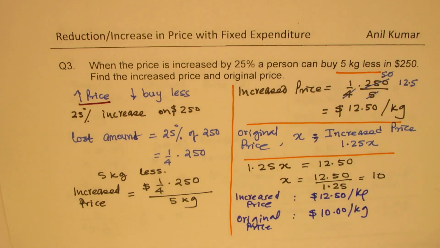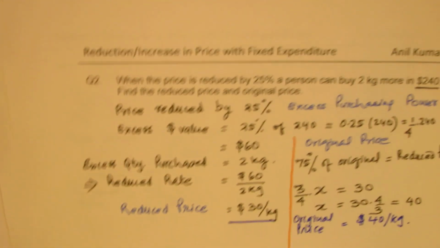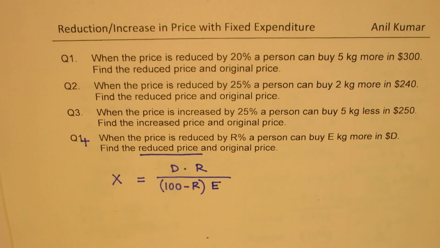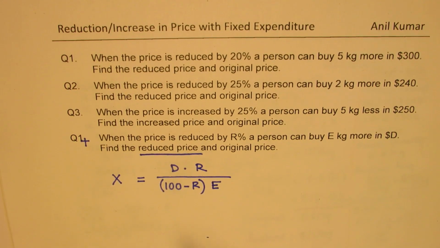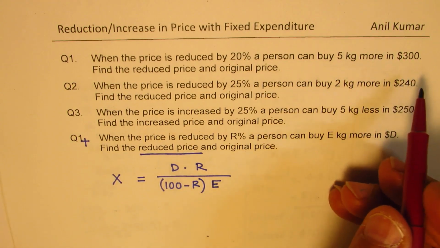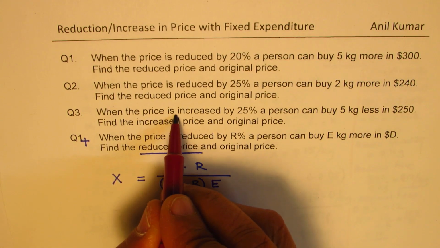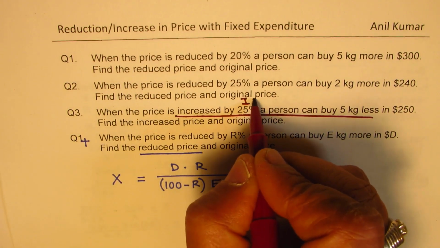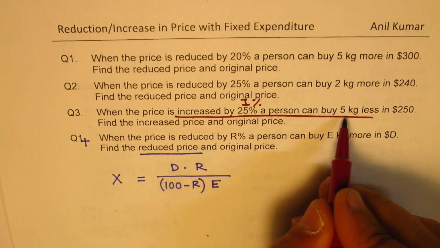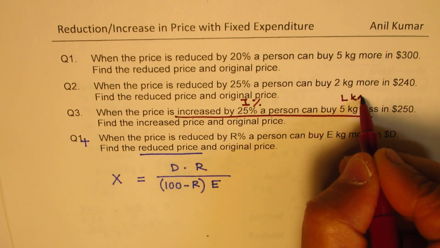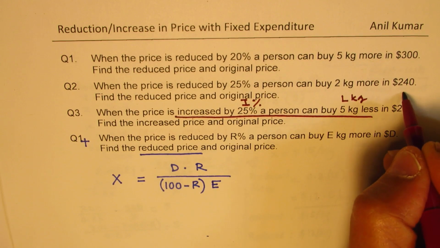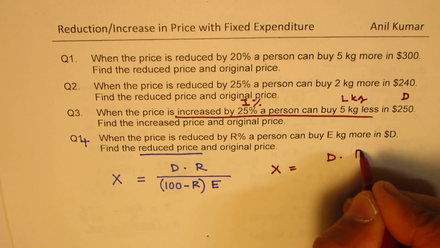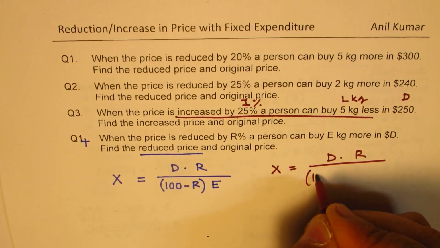Perfect. So with this, I would like to end the video. Here are the 4 questions which we just did. And let me just add that if I would have changed the question to increased by I percent and can buy less L kg for this dollar value of D, in that case, my formula of X will be D times R over 100.